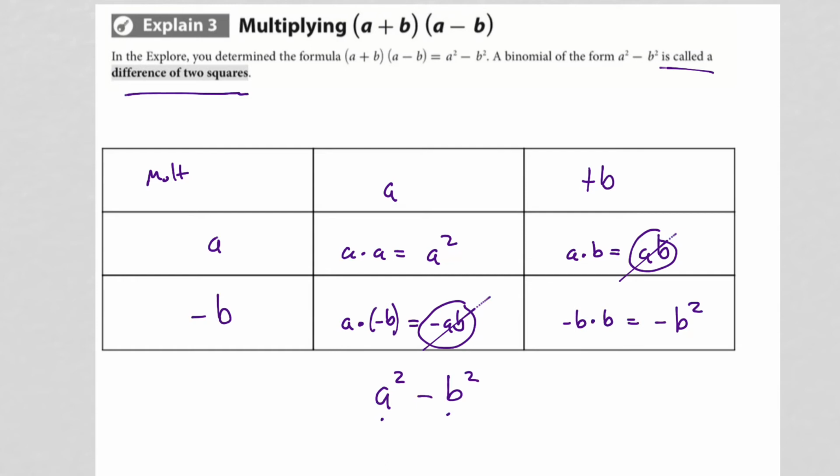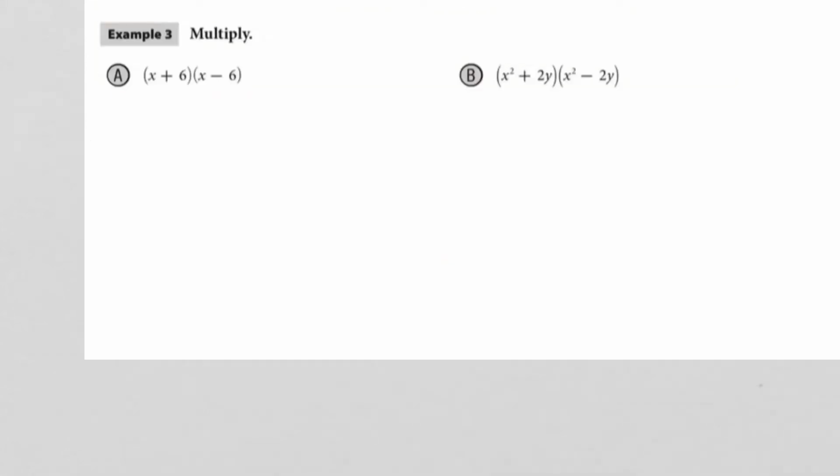Now let's see how that applies with actual stuff. And this might be one of the biggest shortcuts that we're going to learn of all today. Oh, look, I have stuff with numbers. And hopefully I can recognize that this is an a plus b and an a minus b situation.